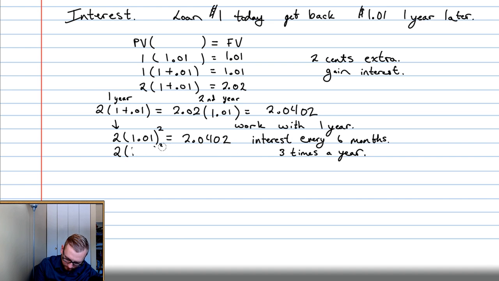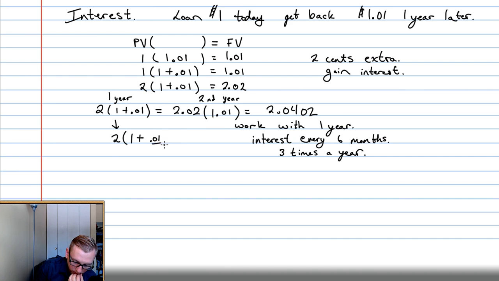We're missing something here. It's 1% for the year. So we actually will change this formula slightly. 2 times 1 plus, well, the interest rate for the year is 0.01, but we're going to calculate it twice in the year, so we have to divide it by 2.